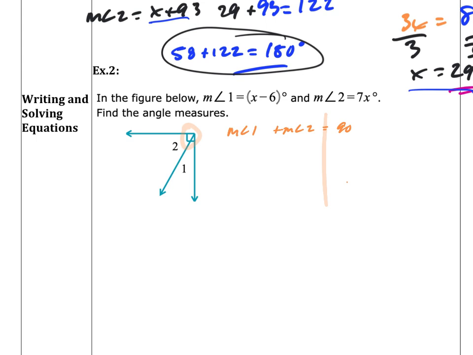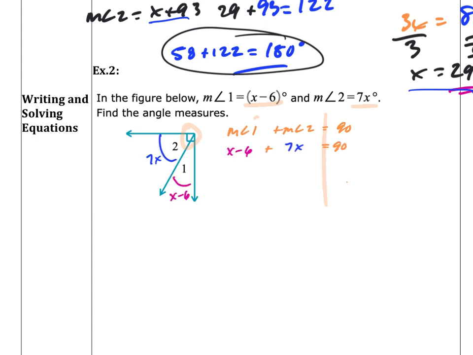So we're going to set it up. This is your verbal model. It's measure of angle 1 plus measure of angle 2 equals 90. Then we just substitute in what they said angle 1 and angle 2 was. So they're giving us x minus 6 and 7x.